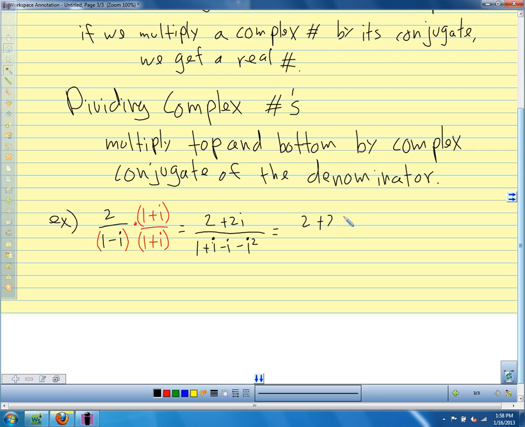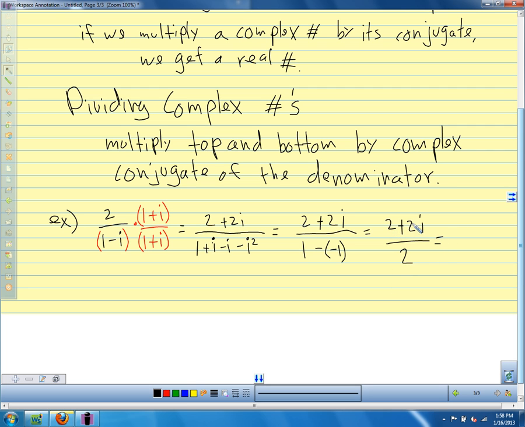So I get 2 plus 2i. And the plus i and the minus i cancel. That's why we multiply by the complex conjugate. And I get 1 minus i squared, which is negative 1. So I get 2 plus 2i over 2. And what can I do with that 2 now?